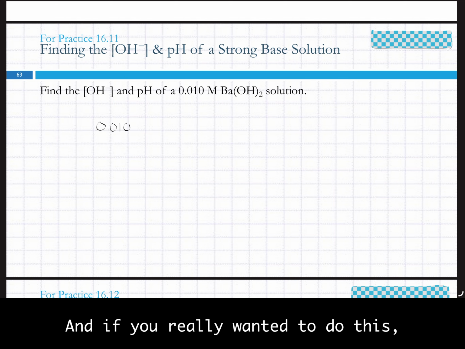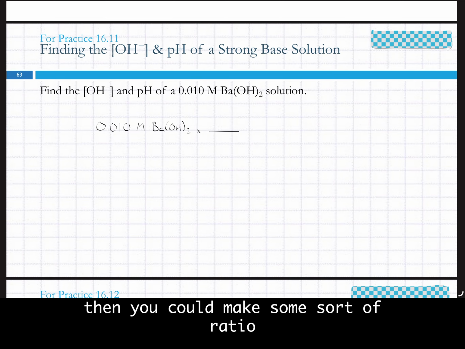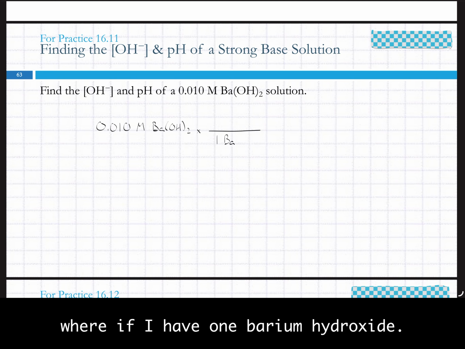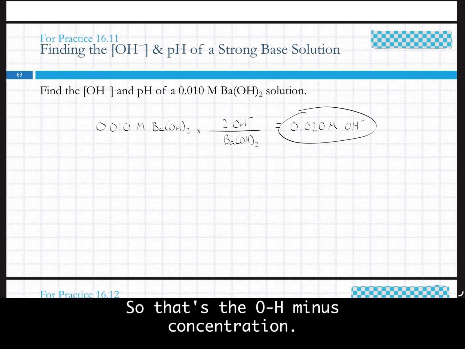And if you really wanted to do this properly, then you could make some sort of ratio where if I have 1 barium hydroxide, I will get 2 hydroxides. So that's the OH minus concentration.